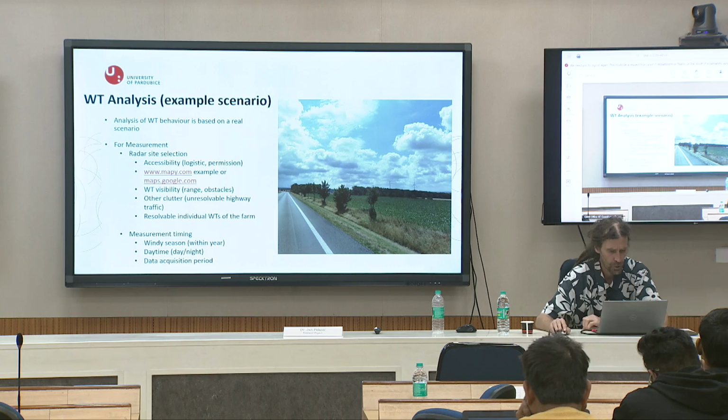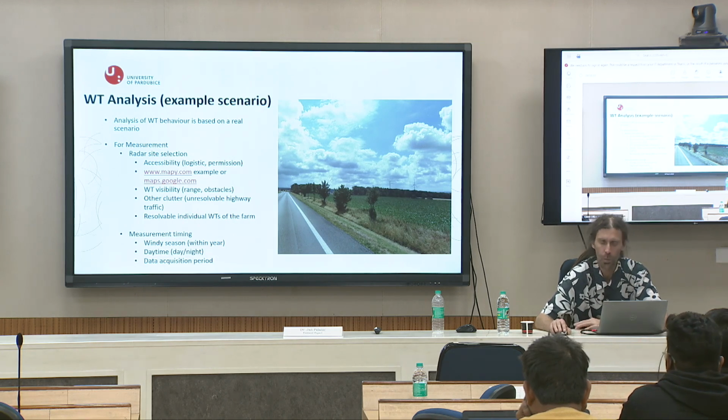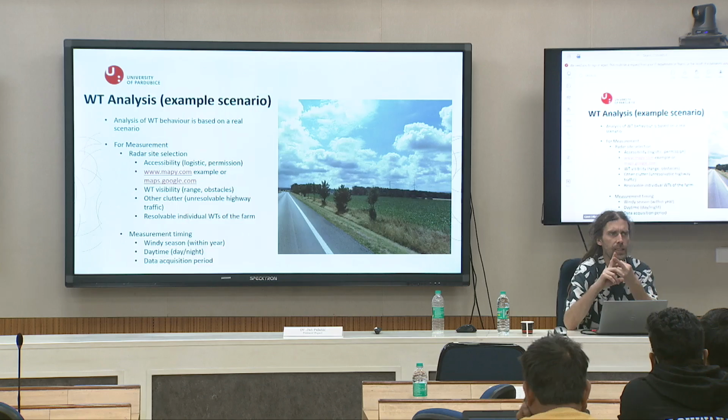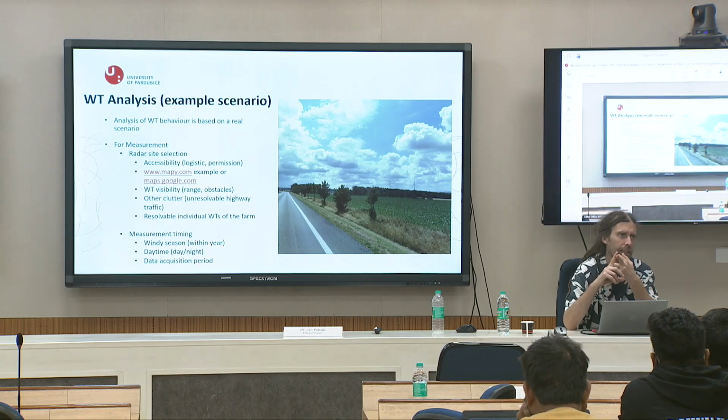So for checking visibility, we use tools like mappy.com, Google Maps, OpenStreetMap. I think that these two global services, Google Maps and OpenStreetMap, are the best ones. Google Maps and mappy.com have the advantage that there is panorama or street view, clear. OpenStreetMap, I think, does not have this ability, or I didn't discover it.